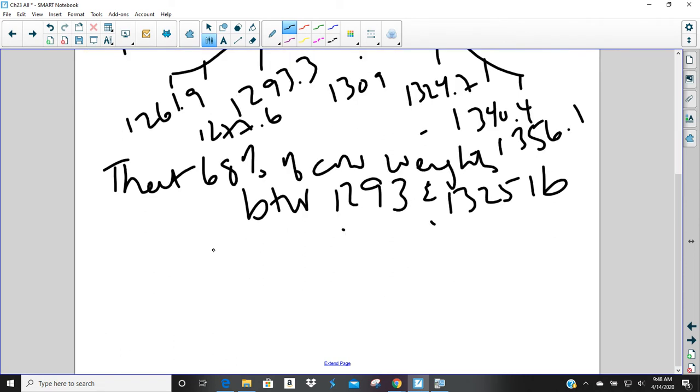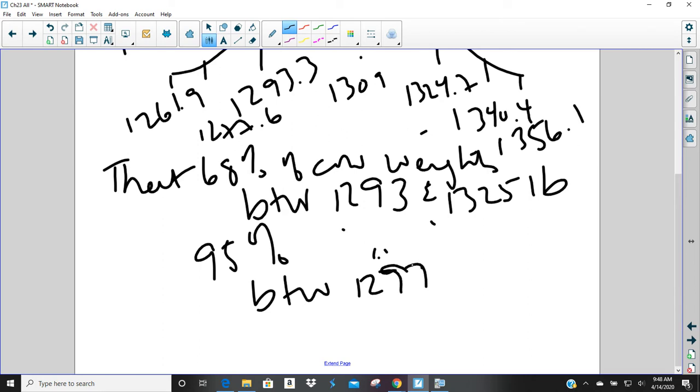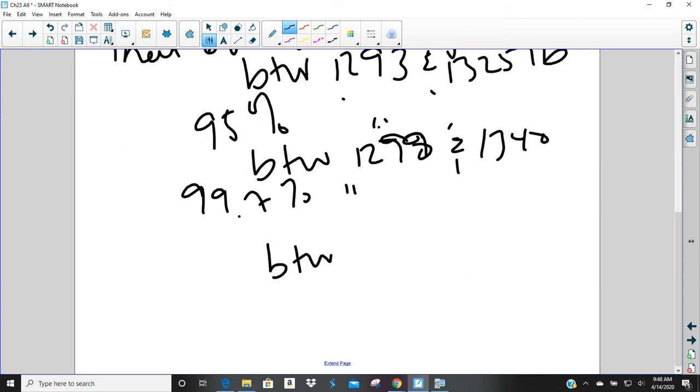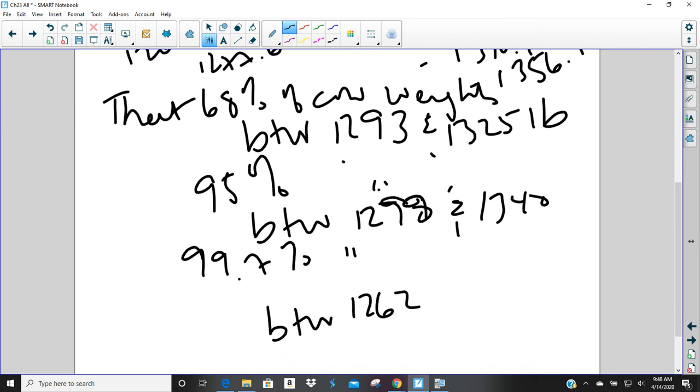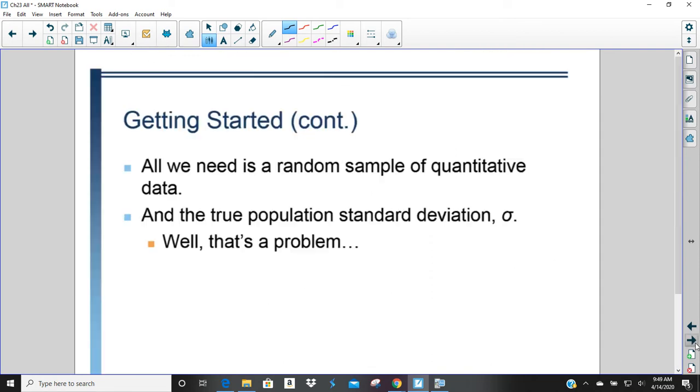We can say the same thing, that 95% is between 1278 and 1340, and 99.7% is between 1262 and 1356 pounds. Okay, fine. So now let's go through a little bit more about what's happening here.